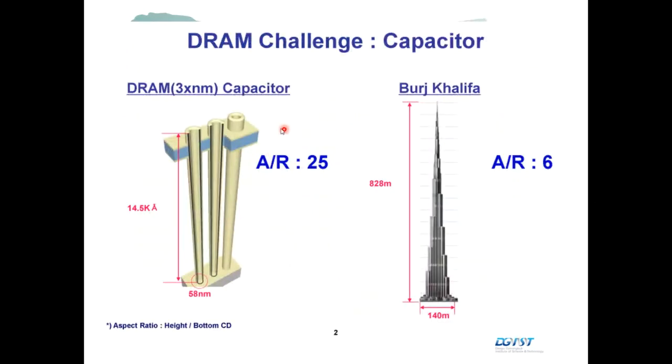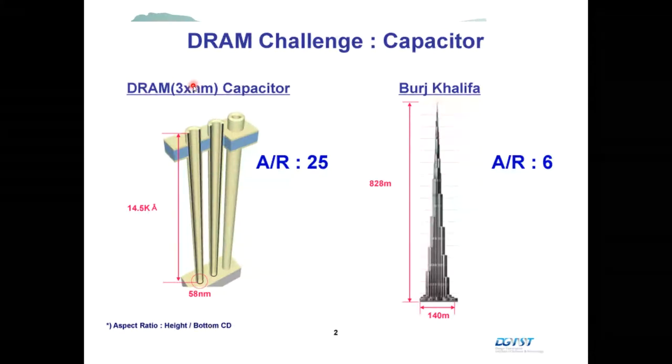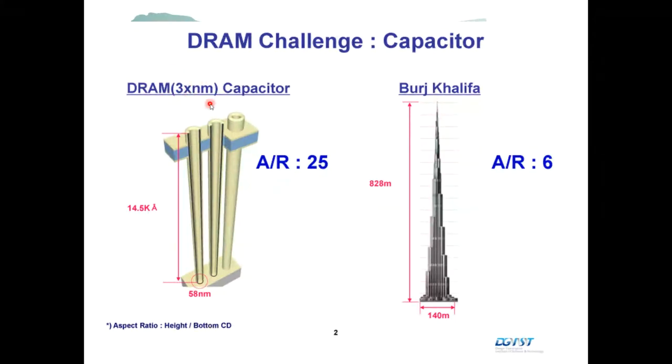And you can easily compare this DRAM capacitor with the Burj Khalifa, which is one of the most famous buildings. The height of the Burj Khalifa is 800 something meters, and the bottom is 100 something.